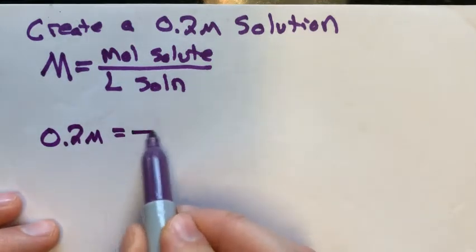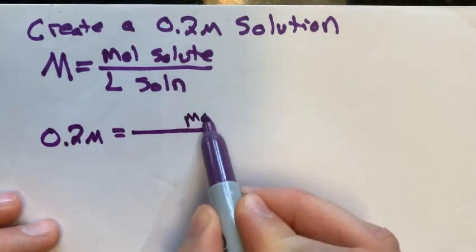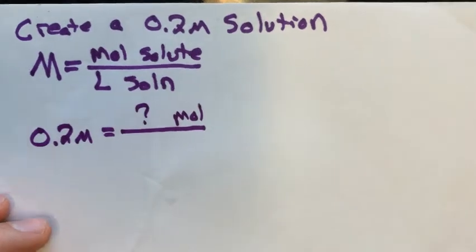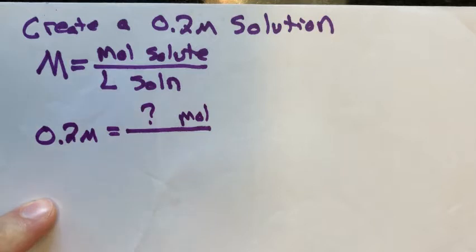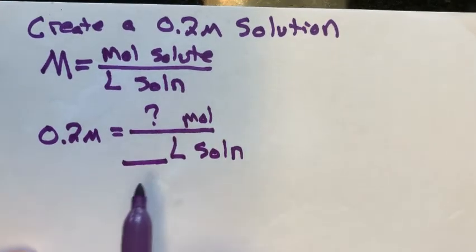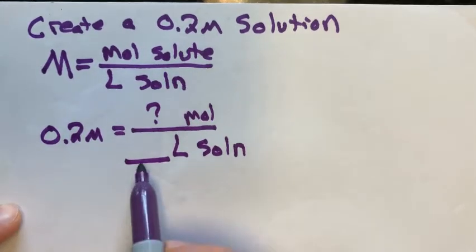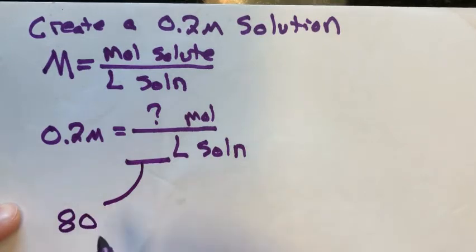And we don't know how many moles we need of that solute, but we do know the liters of solution. So in the bottom here, we know the volume of each of those cups. And we said this was 80 milliliters. So we need to convert milliliters into liters to plug it into this equation. 1, 2, 3.